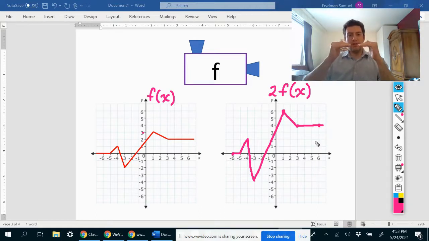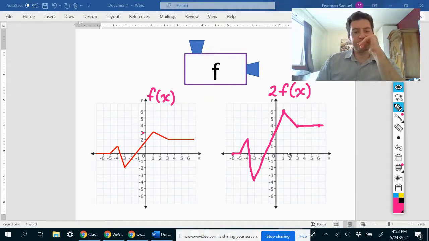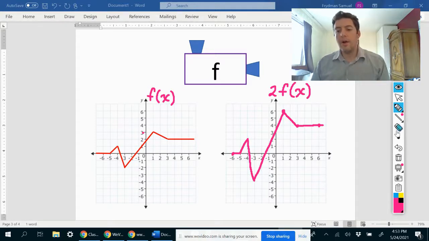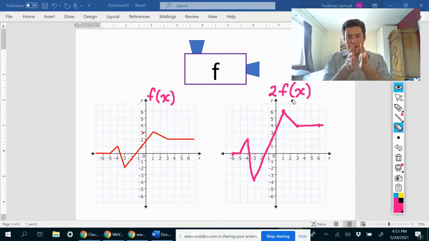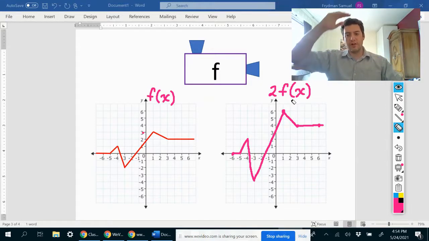Everything is going to get stretched out in the vertical direction. All right, and you can see that everything is twice as high or twice as low as it was over here. So hopefully that's not too hard to see. Nothing happened horizontally. All the stretching was done vertically.